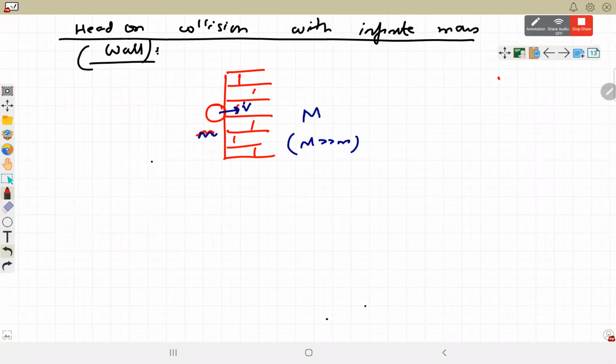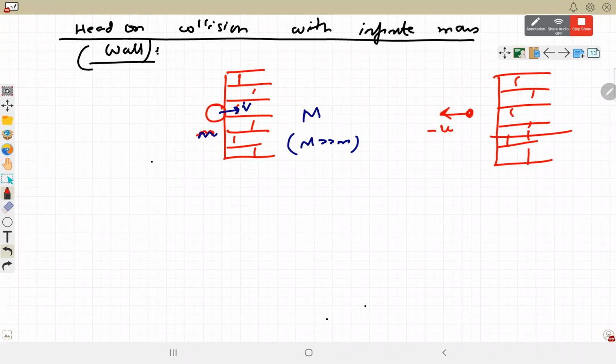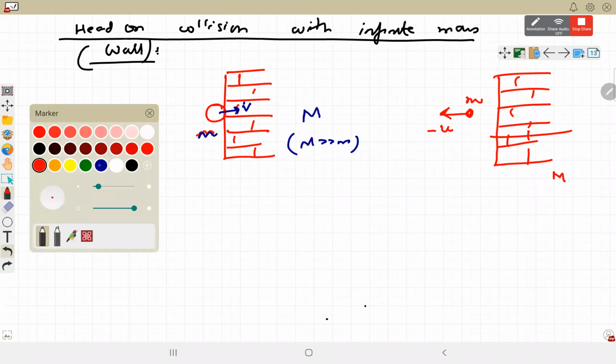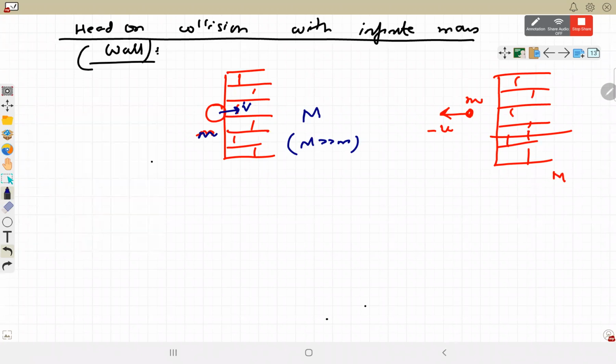But since the collision is perfectly elastic, velocity of approach and velocity of separation have to be equal. Which means the ball will be moving in exactly the opposite direction. Now if you see the momentum conservation, it seems that momentum is not conserved, because the wall was at rest before and is still at rest, but the ball becomes plus mu to minus mu.